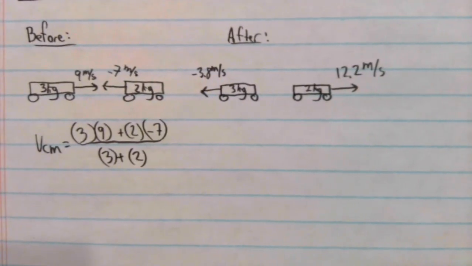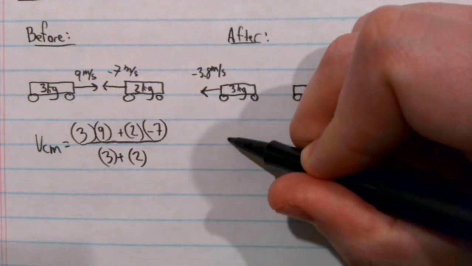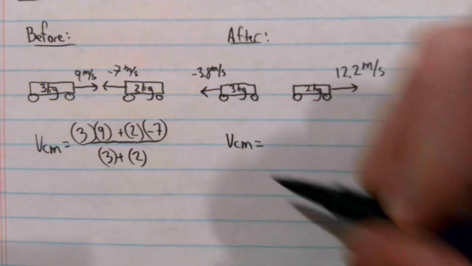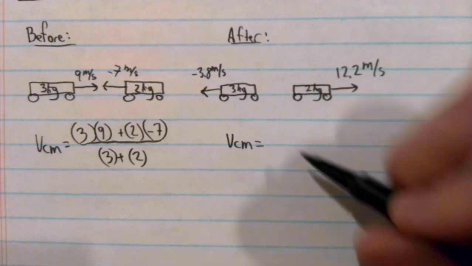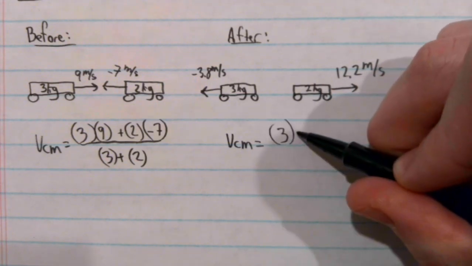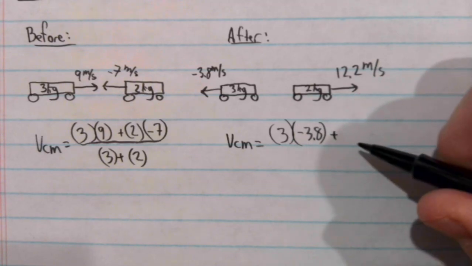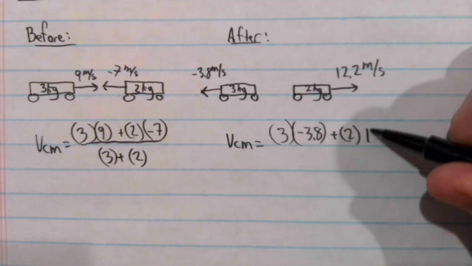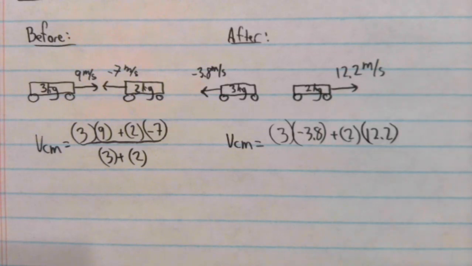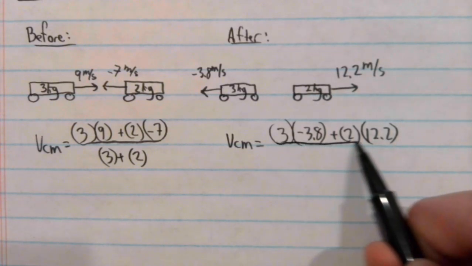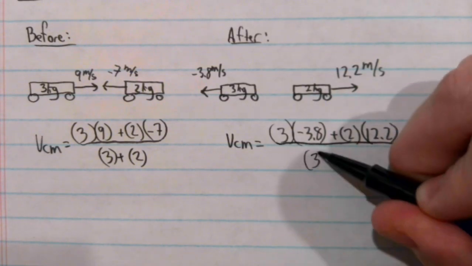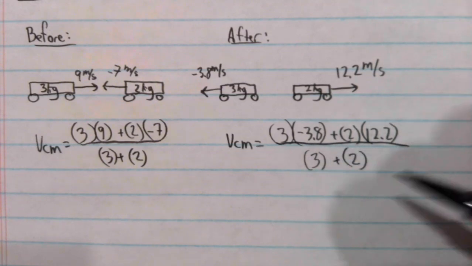Let's write out the other one as well before using our calculator. VCM equals 3 times negative 3.8 plus 2 times 12.2 divided by 3 plus 2.